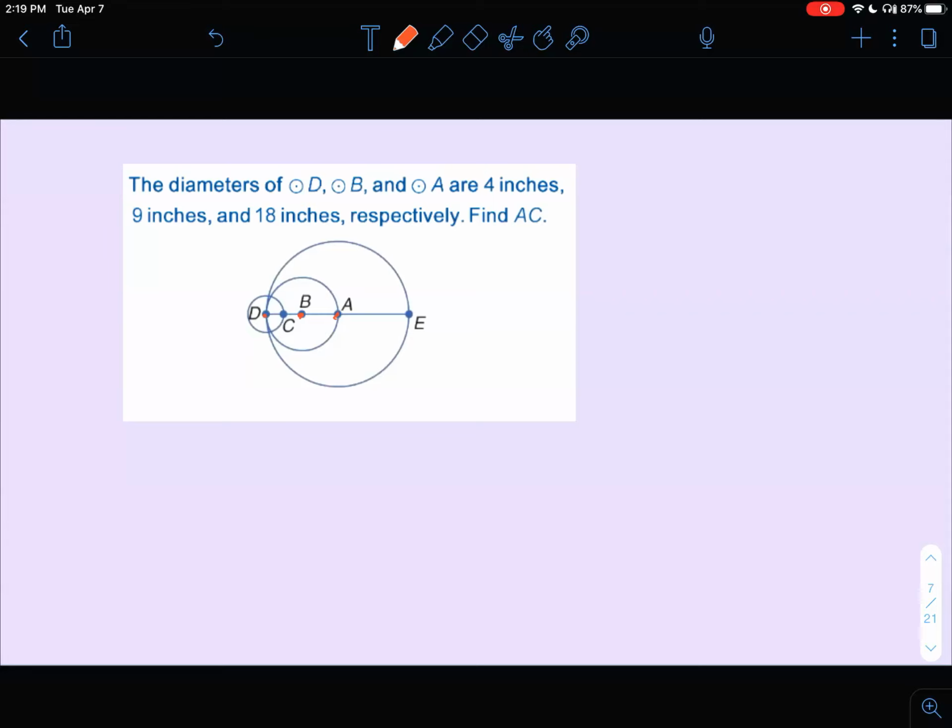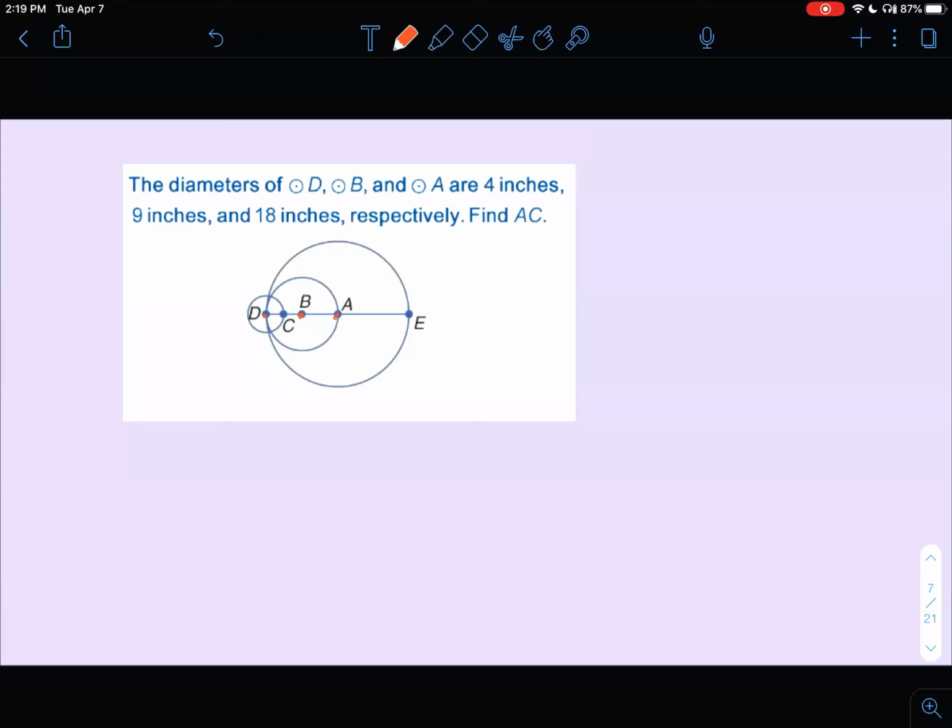And it looks like C is just a point that happens to be on circle D, but in the interior of B, along our segment DE.